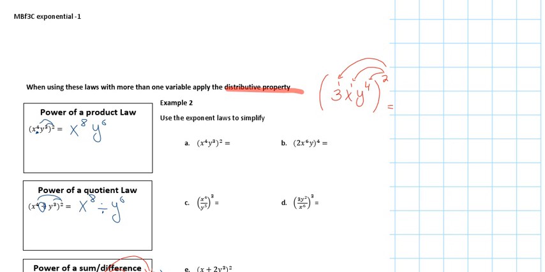And this is the most common mistake: students ignore that beautiful coefficient that we have there, and they don't square it or raise it to the power. Guys, eyes on me. If I'm going to expand this, I'm going to write it as 3x y^4 times 3x y^4, because it's squared, so it's multiplied by itself twice. If I'm going to simplify this, I have 3 times 3. I don't ignore that 3.